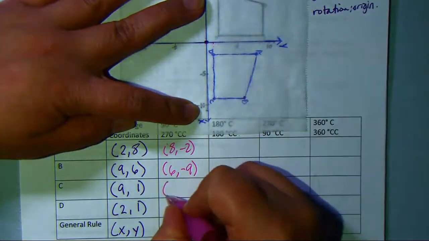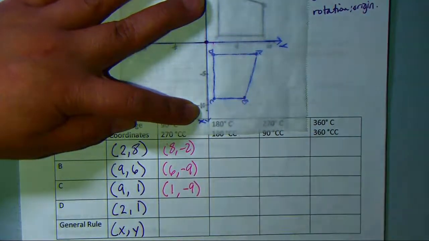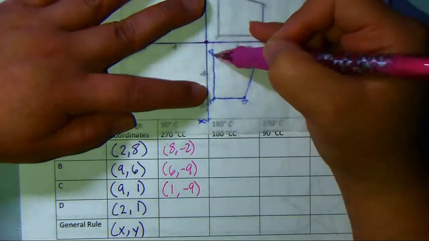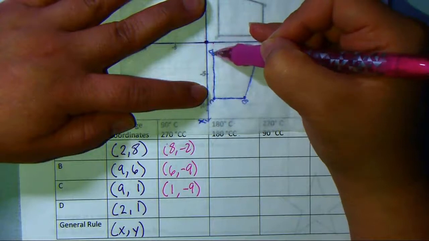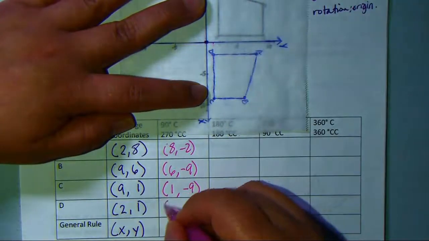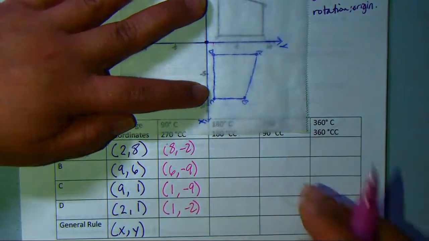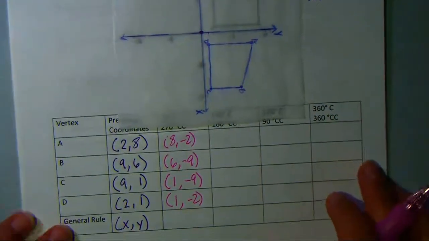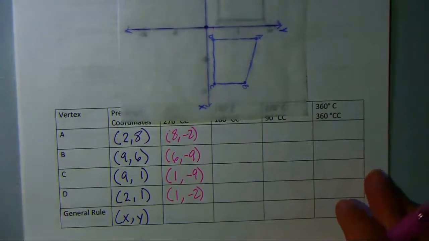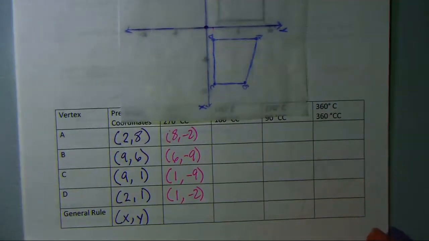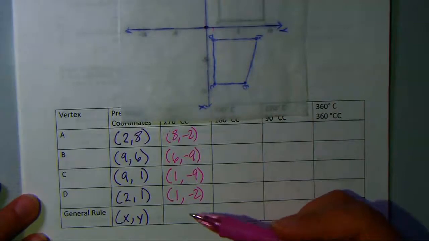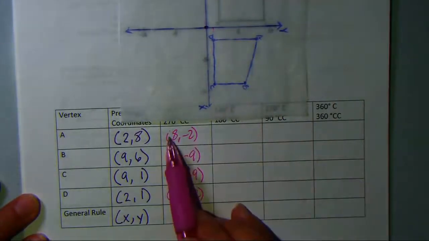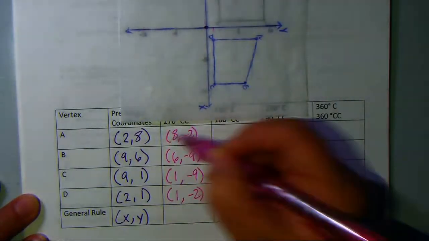So this one's going to be at a 1, -9. And then D, of course, 1 to the right, down 2. So this one will be at 1, -2. Okay. So when I rotate 90 degrees clockwise and 270 degrees counterclockwise, I am seeing a change in my coordinates.